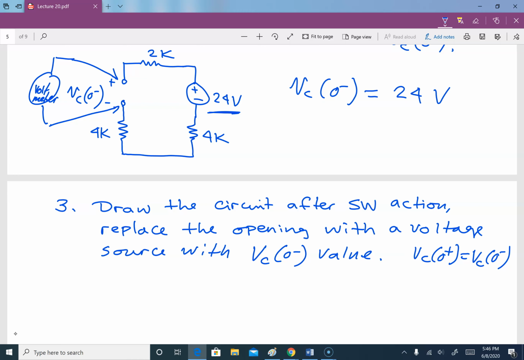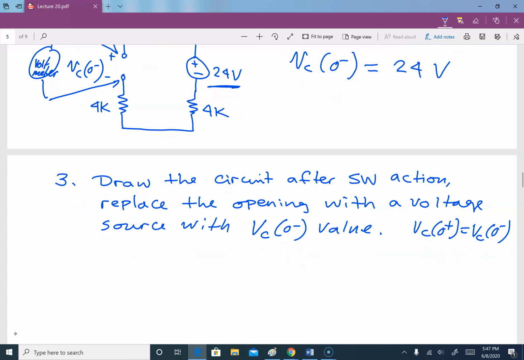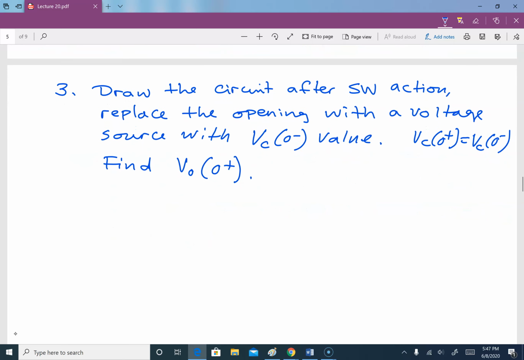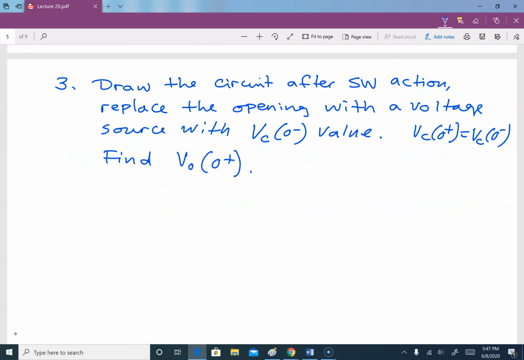It takes time. So the instant before switch action and the instant after the switch action, the voltage will be equal. And then find V naught of 0 plus. So this is our circuit here.